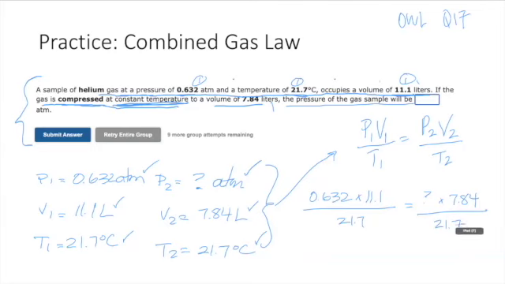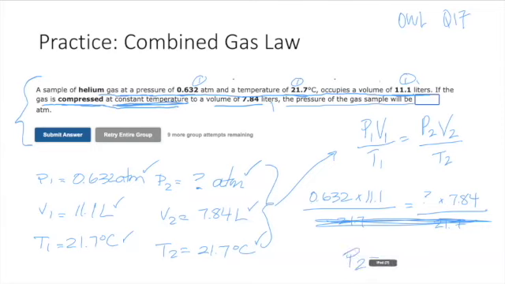If it's the same temperature, a really easy way to do it is to just disregard the temperature on the bottom, and then solve the problem by doing 0.632 times 11.1 divided by 7.84. If you wanted to plug this in with the temperatures, it just gets a little bit more messy.